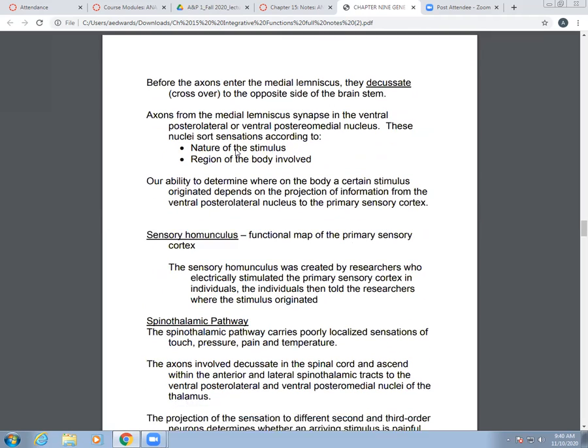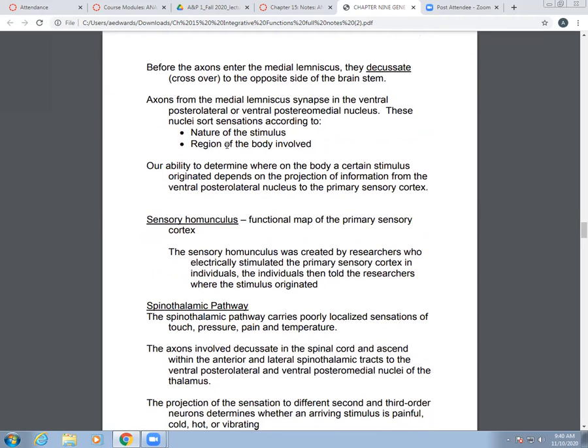All right, so I know we're covering a lot of new terms, so just bear with me. So before those axons actually enter the medial lemniscus, they're going to decussate or cross over, and that means go over to the opposite side of your brainstem. And the axons from that medial lemniscus are going to synapse in your ventral posterolateral or ventral posteromedial nucleus.